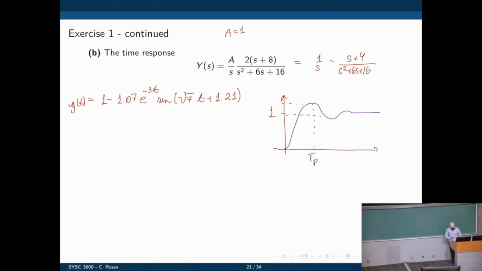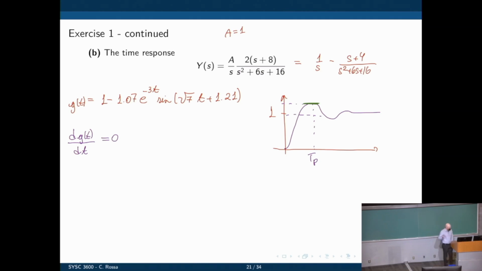How do we do it? Well, we have to take the derivative of y of t with respect to time and set that to 0. We are calculating the slope of this function, and the slope at the peak time is 0. That's where it comes from.